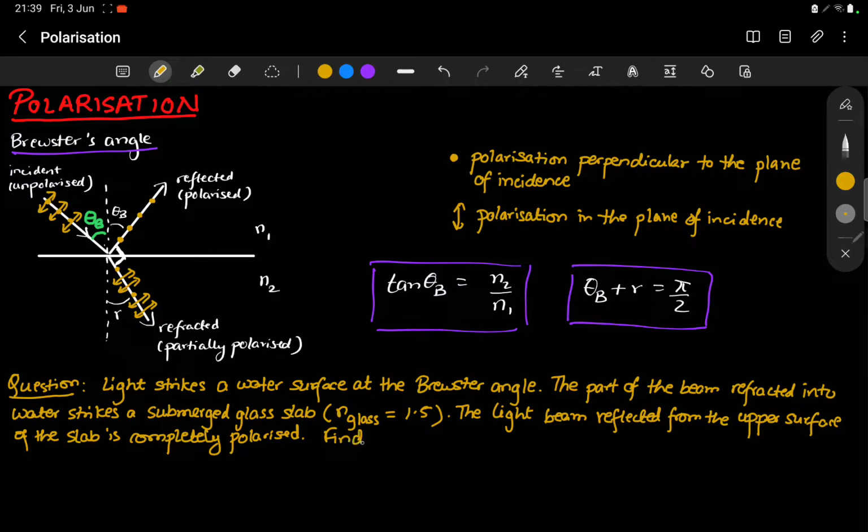Find the angle between the glass slab and water surface.